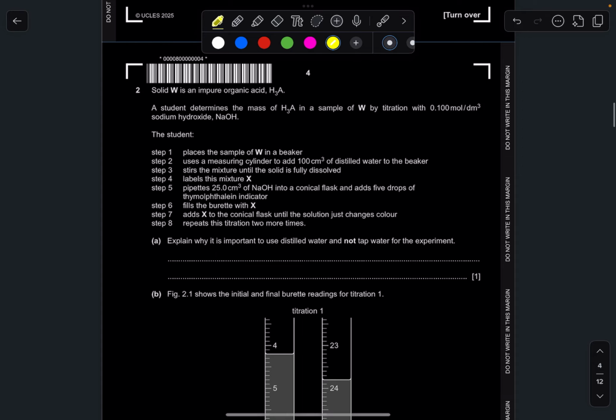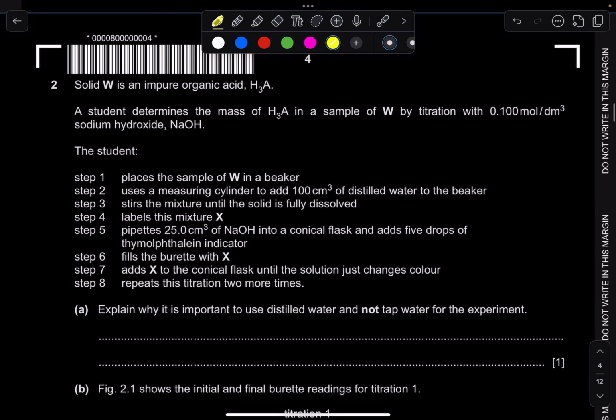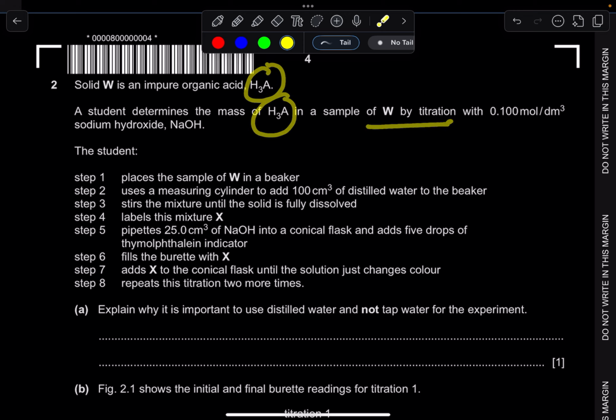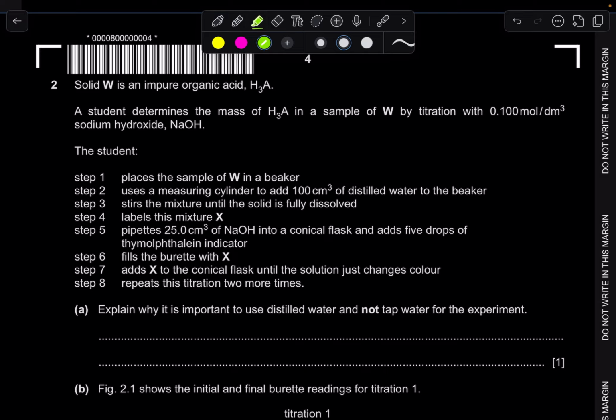Okay, solid W is an impure organic acid, H3A. A student determines the mass of H3A in a sample of W by titration with 0.100 mol per dm cube of sodium hydroxide. Okay, so now you need to keep everything in mind that's happening. Firstly, a student determines the mass of this by titration in a sample of W with this sodium hydroxide.